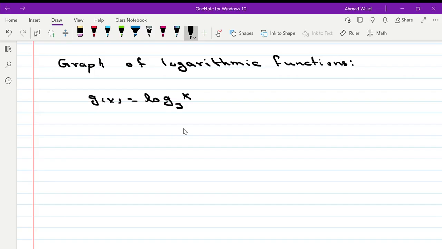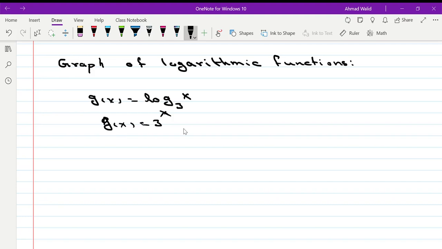If I want to write the exponential function for g of x equals log x base 3, I can change this one into exponential notation, and this one will be g of x equals 3 to the power of x, right?